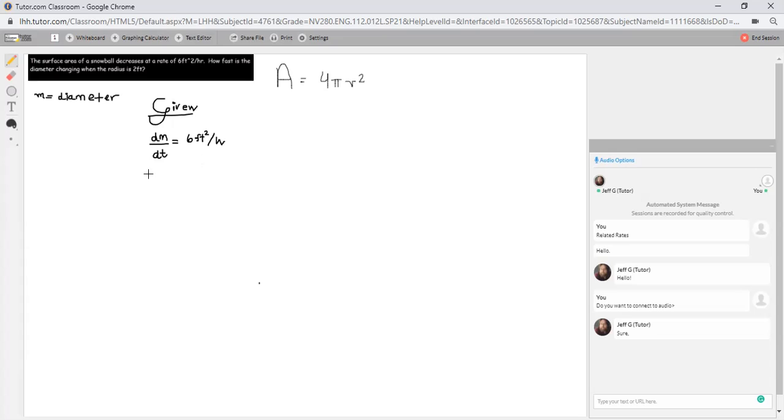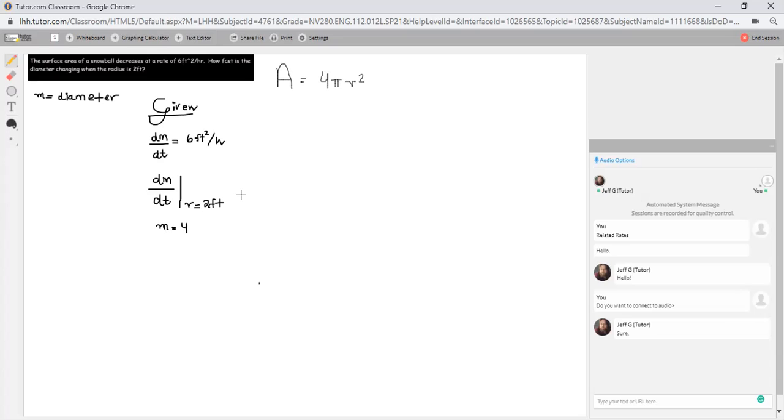If the radius is 2 feet, it's asking me what dm over dt is, but evaluated at r equals 2 feet, right? Yep. I'll say that m is equal to 4, since the diameter is in fact 2 times the radius.